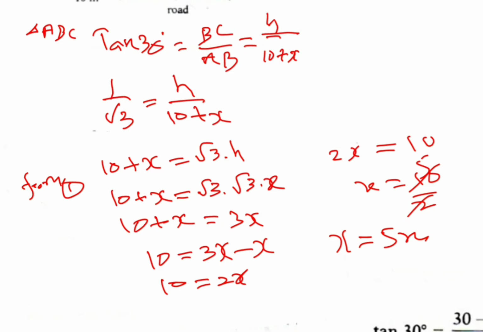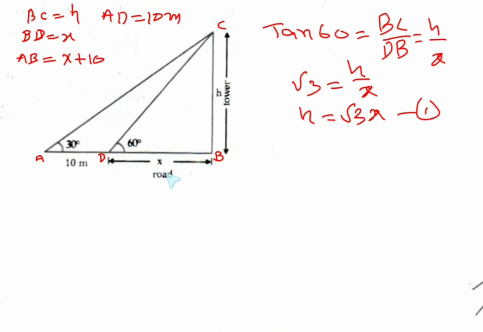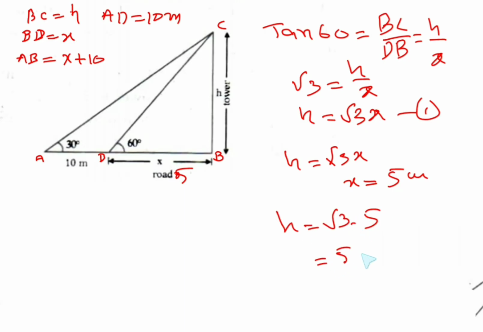But we need to find the height of the tower. This x is equal to 5. Now from this one, h is equal to root 3 x, and x is 5 meters, so substitute this value in this equation. h is equal to root 3 into 5, that is 5 root 3 meters.